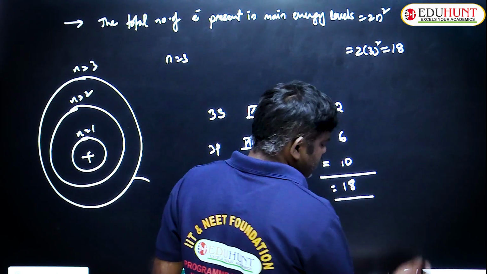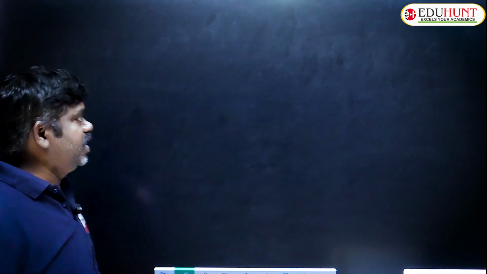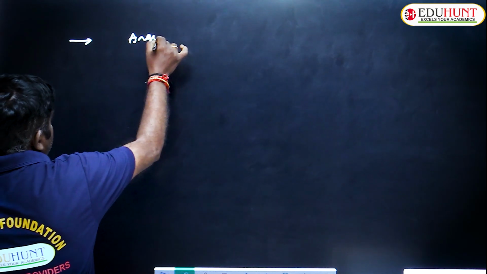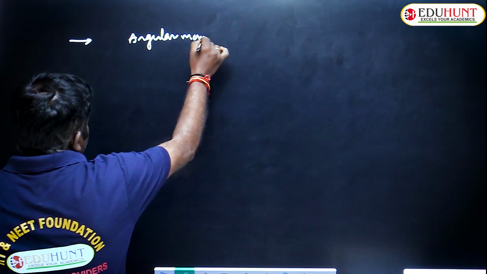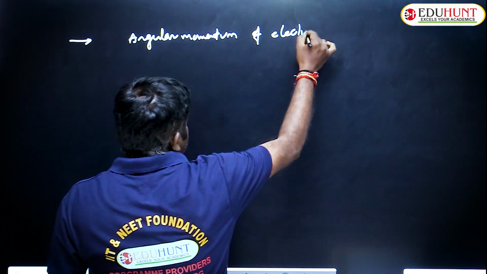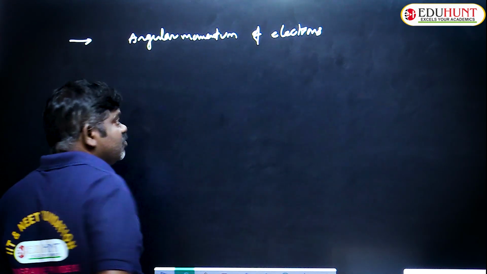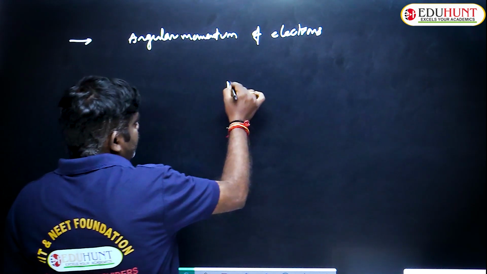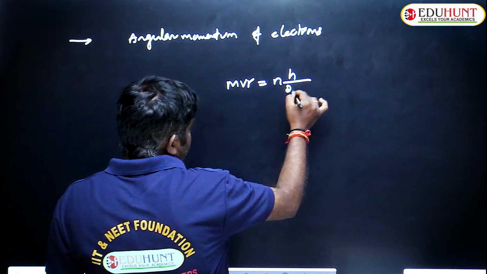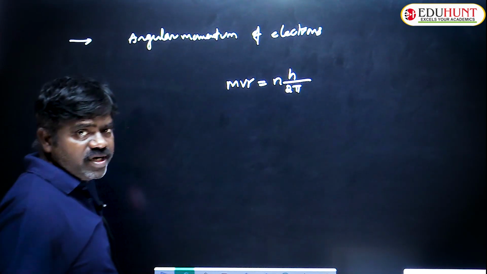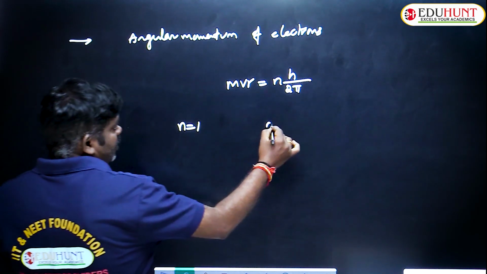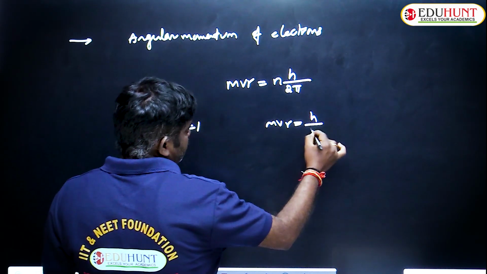And the principal quantum number also explains the last point, the angular momentum of the electron. Generally, angular momentum of the electron is equal to mvr is equal to nh by 2 pi. Here it also depends on n. If we take the first shell, mvr is equal to h by 2 pi.